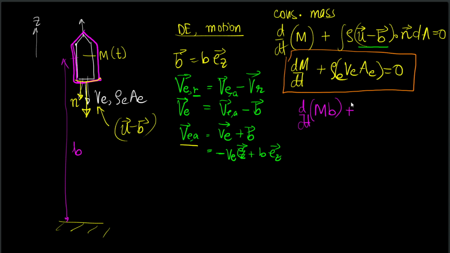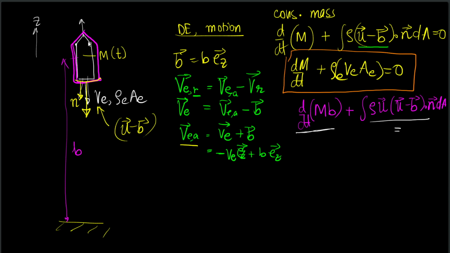So what are the fluxes of the momentum? So let us write down rho times (u minus b) dot n. Okay. So this is the rate of change of momentum of the rocket. This is the flux of momentum, and this is equal to the forces.